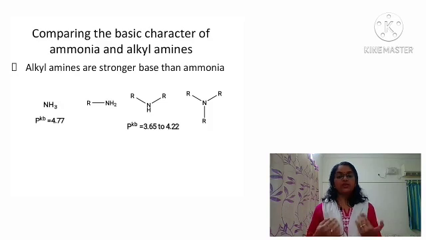That means alkyl amines are stronger bases when compared to ammonia. So let us discuss why ammonia has a lower basic strength than alkyl amines. When we look at ammonia, the nitrogen atom is surrounded by 3 hydrogen atoms. But in alkyl amines, the nitrogen atom is surrounded by one or more alkyl groups.